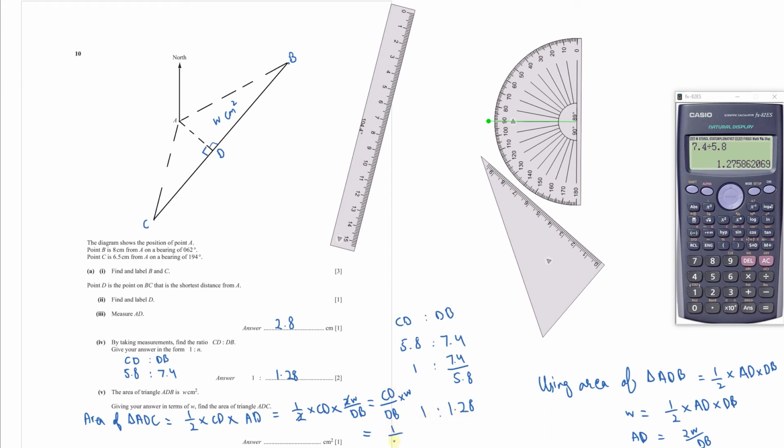So this is 1 divided by 1.28 into W. So if CD is 1, DB is 1.28. You calculated this ratio in the previous part.